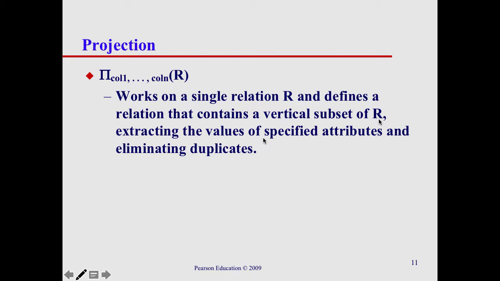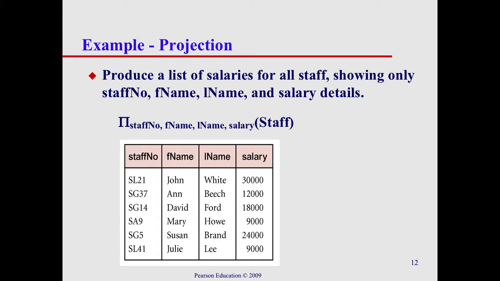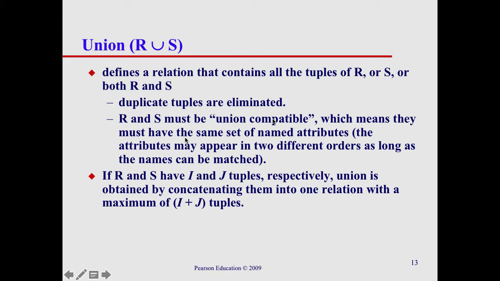Okay, here's projection. It's the uppercase pi, Greek letter for pi, then a comma separated list of columns and the relation. So here we're asking for these 4 columns from the staff relation. Okay. Union, pretty intuitive. It's the union symbol that you see from one of your math courses.